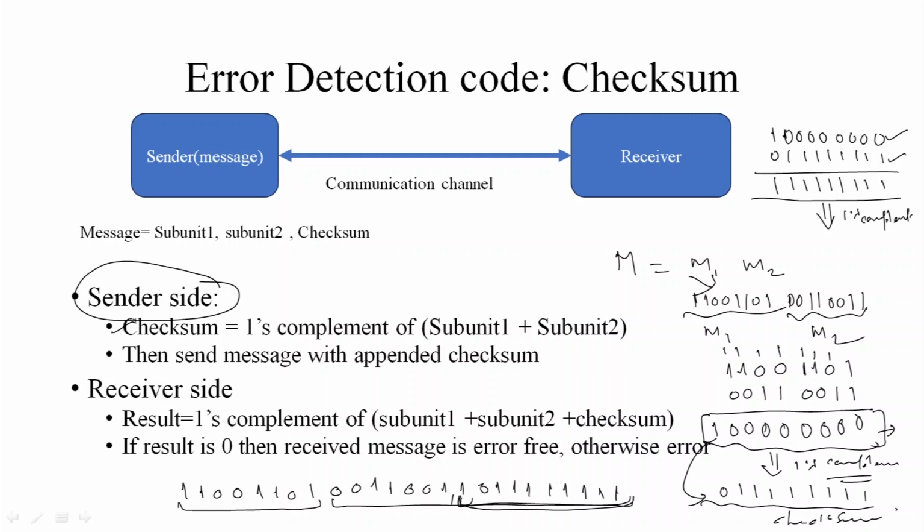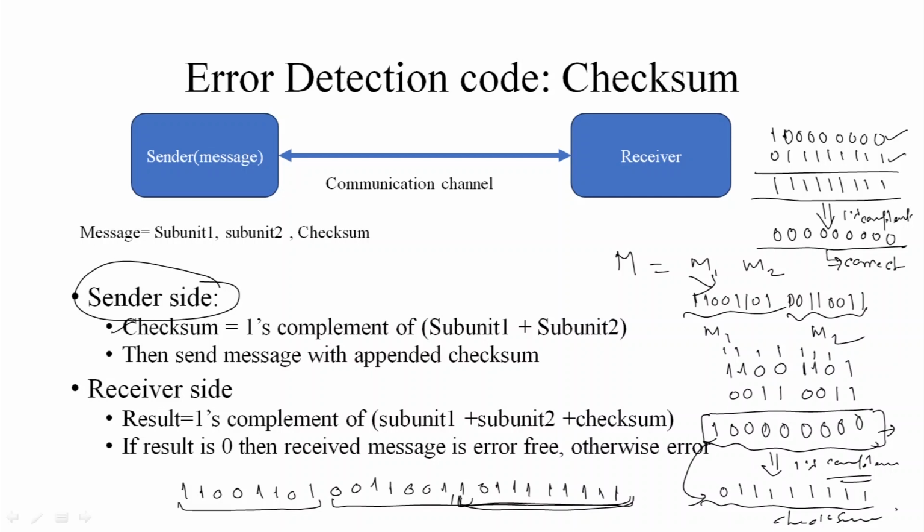All the bits of the result are 1, and then we simply take its complement, which gives 0 0 0 0 0 0 0 0 0. All the bits of the ones complement of subunit first of the message plus subunit second of the message plus the checksum are equal to 0. This means the message arrived is correct.